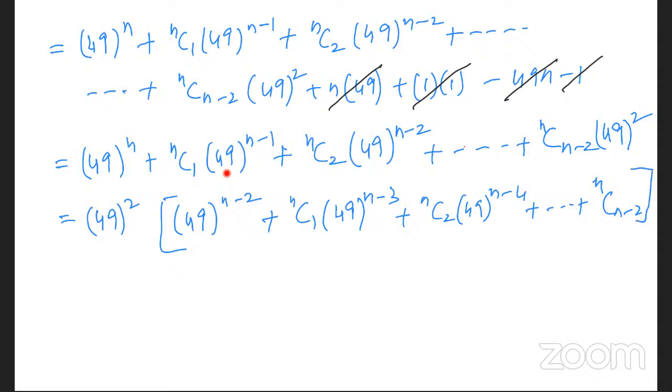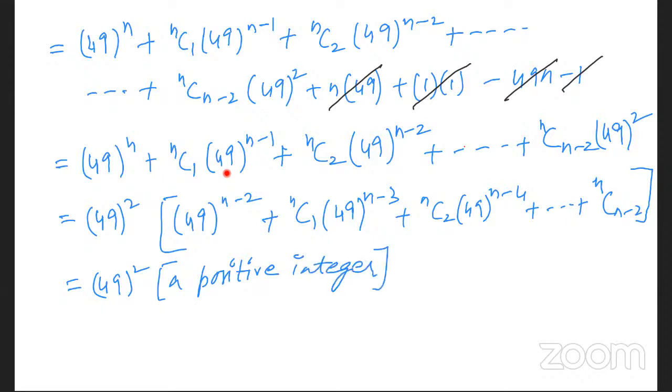So this is nothing but 49 whole square into a positive integer. This is a positive integer.